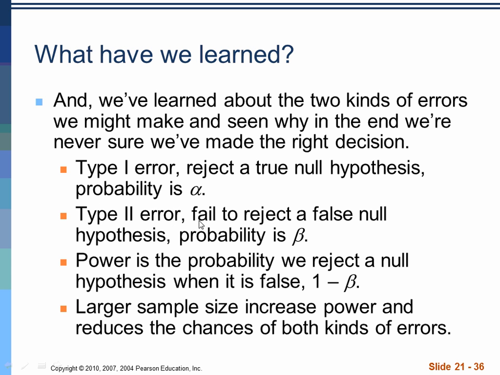And type 2 error is where you fail to reject a false null hypothesis, and that probability is beta. Power is the probability we reject a null hypothesis when it is false. And again, power is 1 minus beta. Larger sample size increases power and reduces the chances of both kinds of errors.